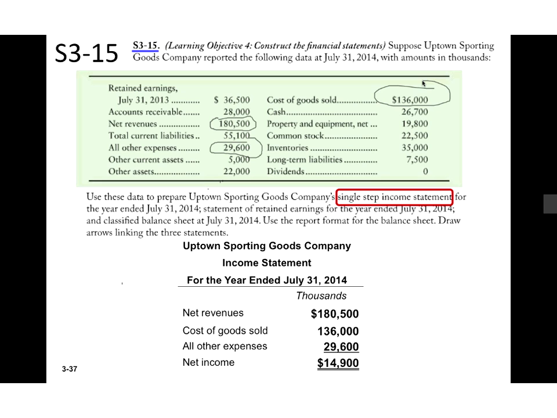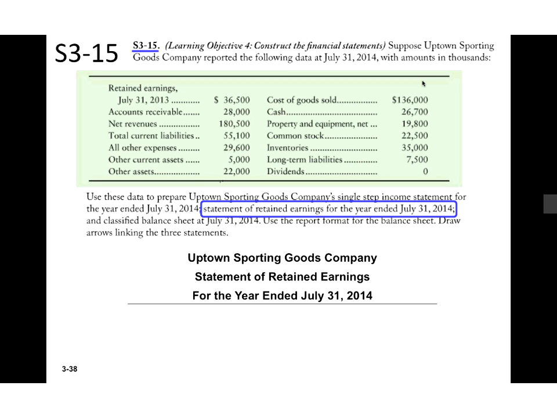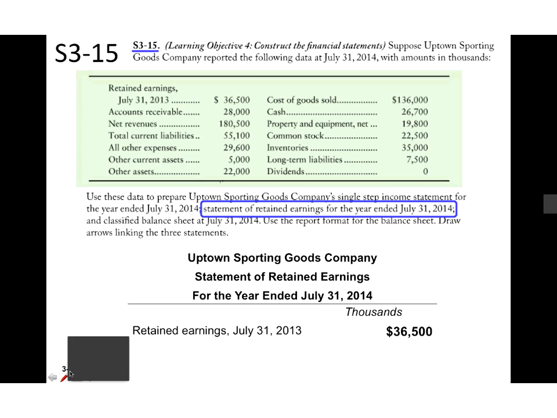Now the next statement, I guess I'll do one more. The next statement is the statement of retained earnings. Again, name of the company, name of the statement, and the date line. That's the same as every statement. The only statement that just has a single date is the balance sheet. So in the statement of retained earnings, you start with your beginning retained earnings, which is last year's retained earnings.